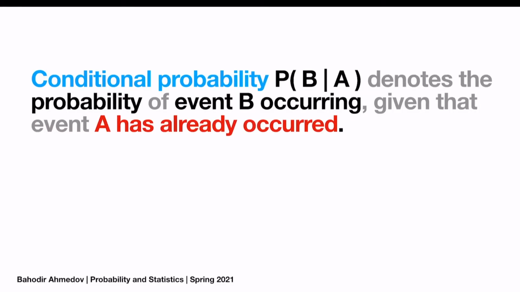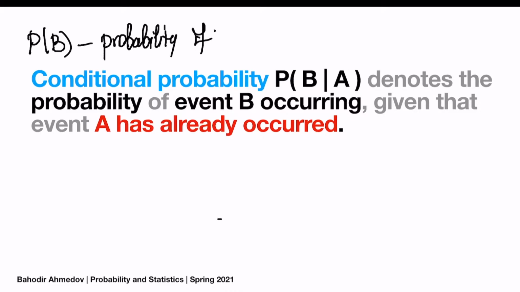Okay, so when you write down this expression mathematically, P of B, in terms of words, it is the probability of B. At the same time, if I write P of B given A, what is the meaning of it?